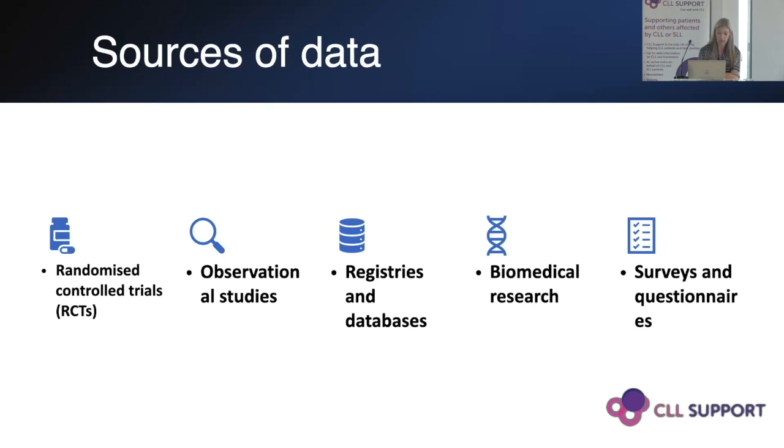Observational studies include cross-sectional studies where we're just taking a snapshot of time, case control studies and cohort studies where we're either picking patients with a disease and patients without and looking back, or following patients and looking at their journey going forward and following them over time. Then registries and databases, biomedical research, and surveys and questionnaires.